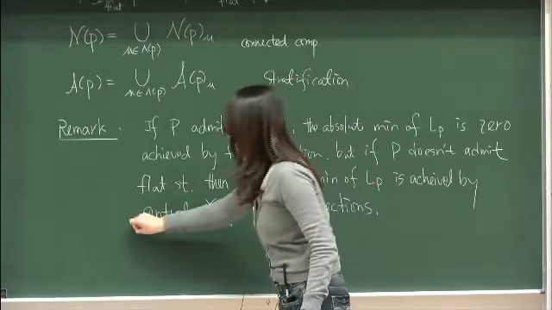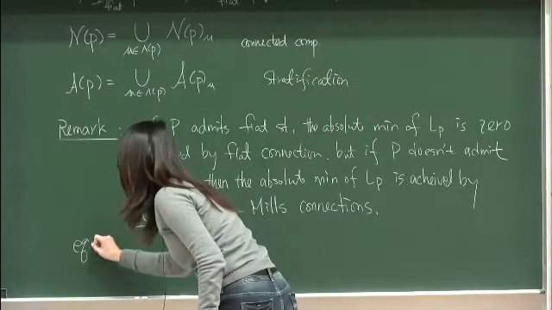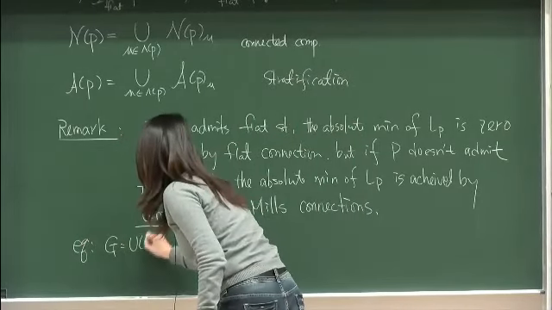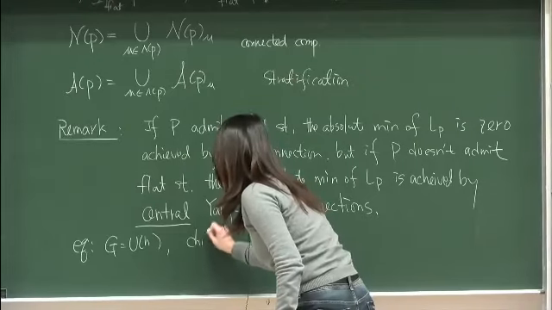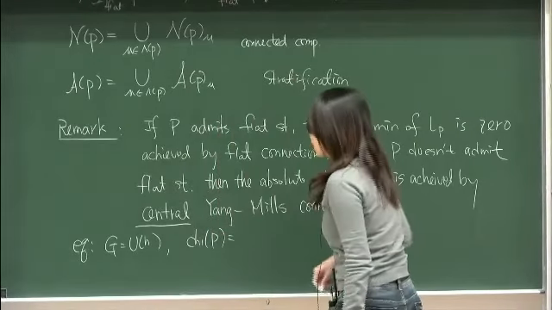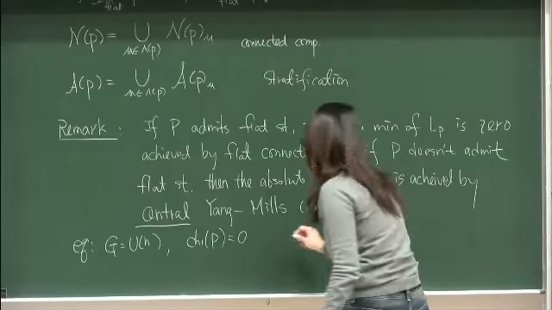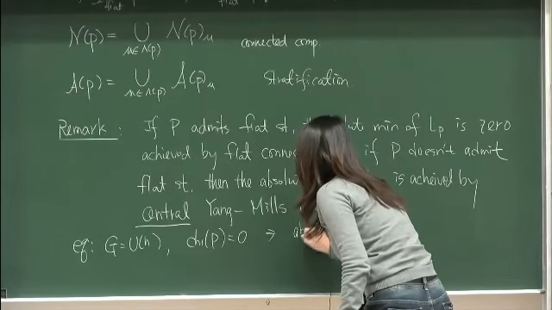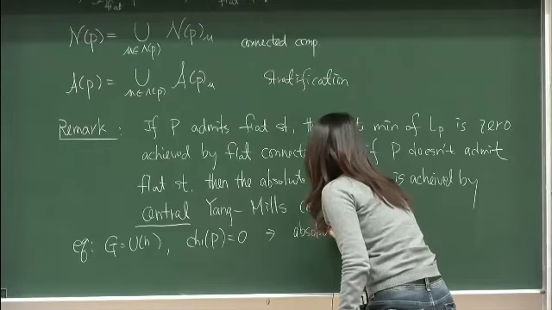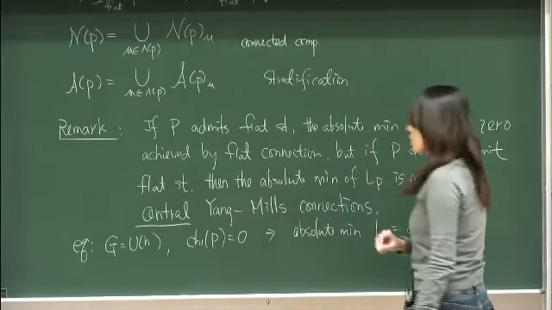So what do you mean by this central? Look at an example. If G is U(N), and say the degree of P, or the first Chern class of the principal bundle, is 0, then it has flat structure, and the absolute minima of LP is just 0.